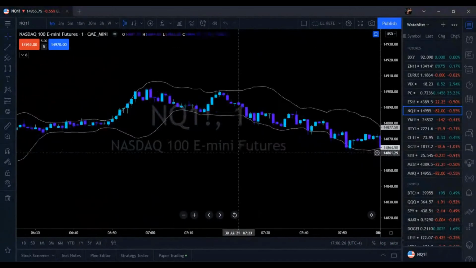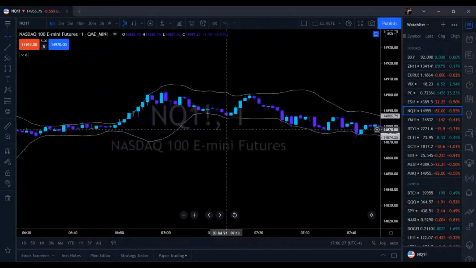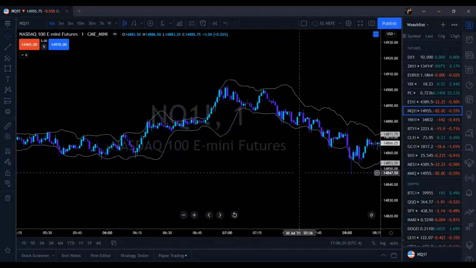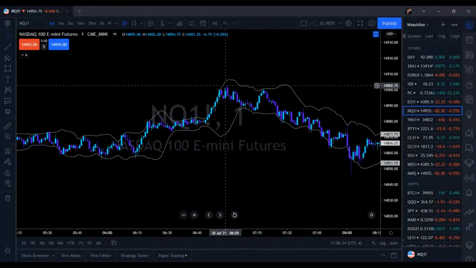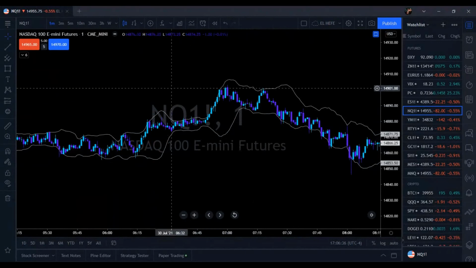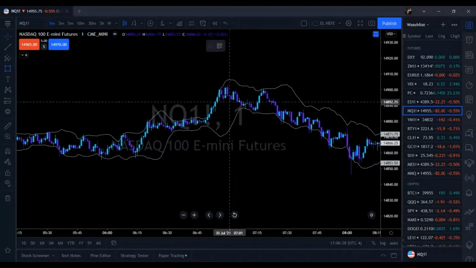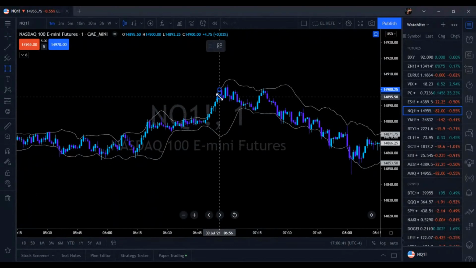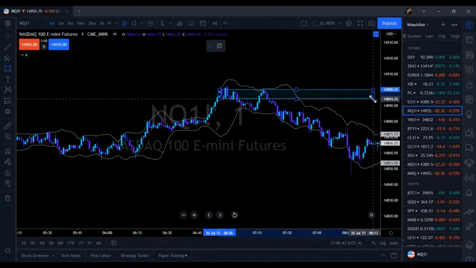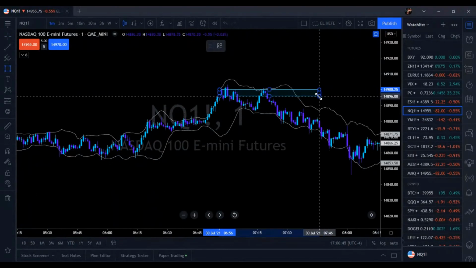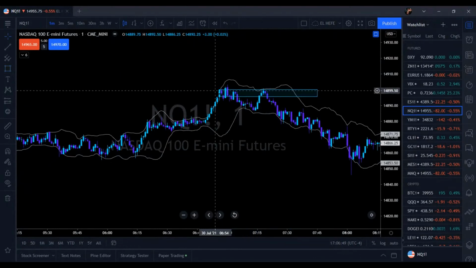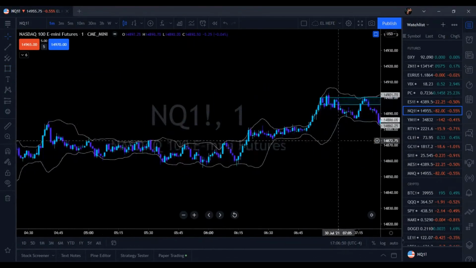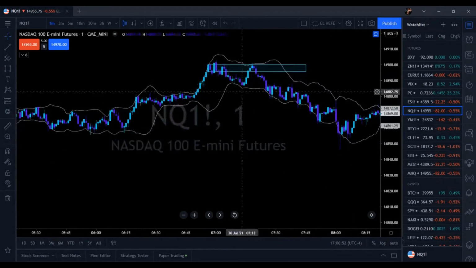Here's probably one of the best examples you can find, right? So you see we're running the band up. We pull away from it, make a higher high. So we'd go to the last one to make it through the Bollinger Band, which was right here. And we wait for it to pull off of it and back up into it.